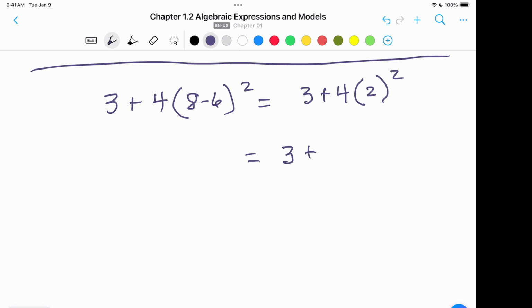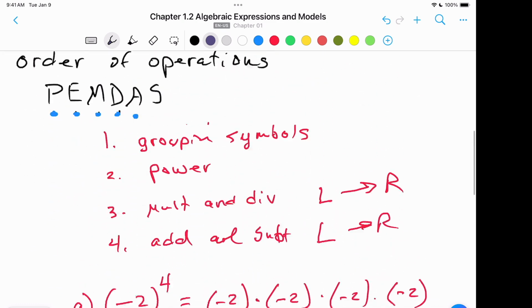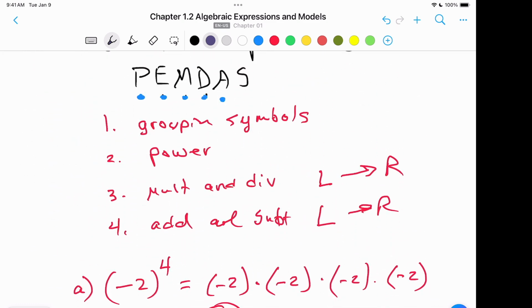And this becomes 3 plus, now the next step is you're going to do the exponent part. So it's 3 plus 4 times, what's 2 squared? Times 4. Now you're going to go left to right, but the next thing you have to do is multiplication and division.